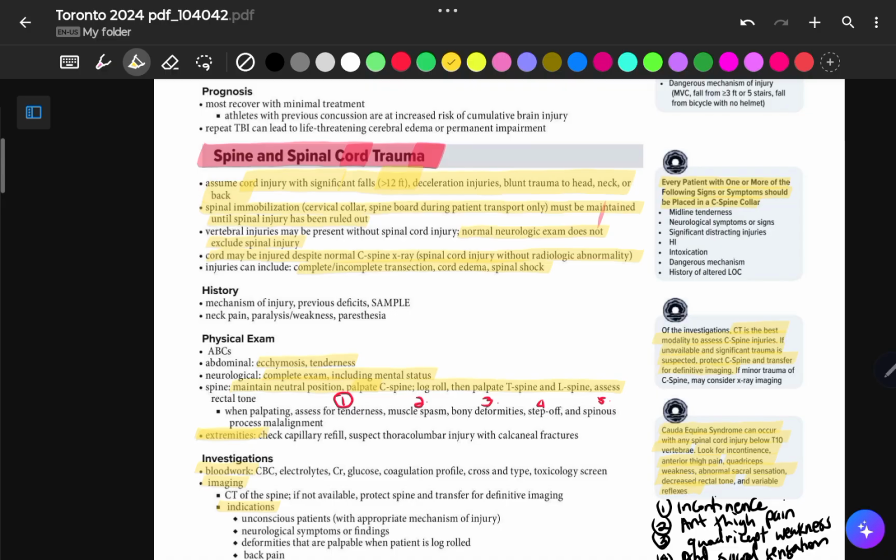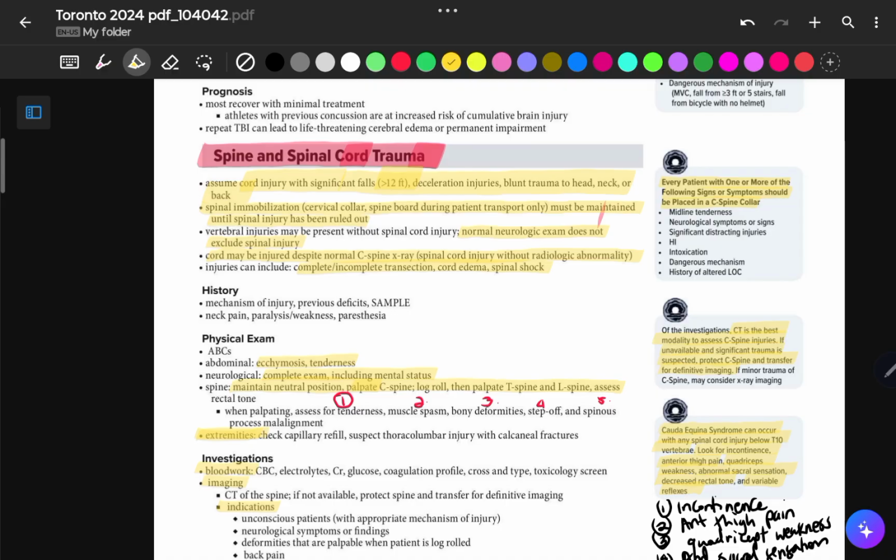A spinal injury can be complete, it could be an incomplete transection, it could be cord edema, and it can present as spinal shock as well. Remember, every patient with one or more of the following signs or symptoms should be placed on a C-spine collar. What are those? Number one, midline tenderness, when palpating the midline.